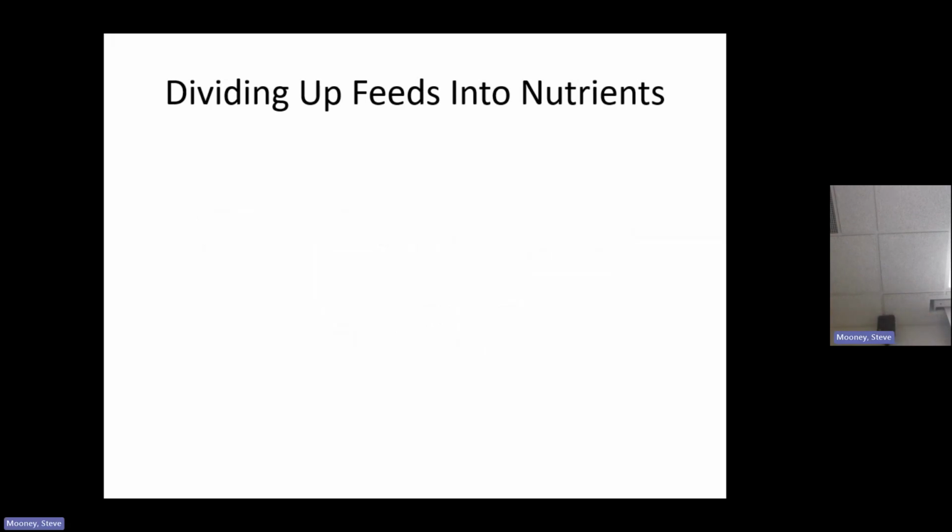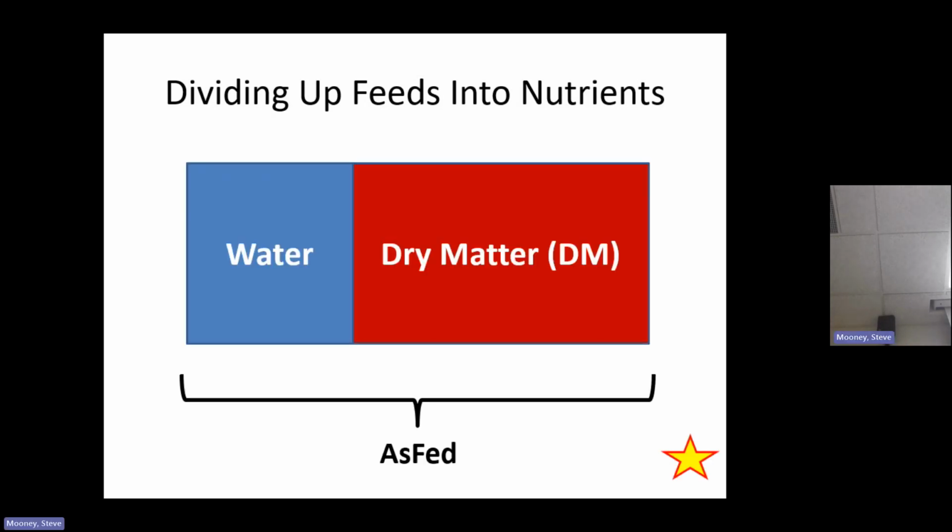So dividing up water, one of the first things we'll do is separate the water from the dry matter. We can represent that visually with this graph.